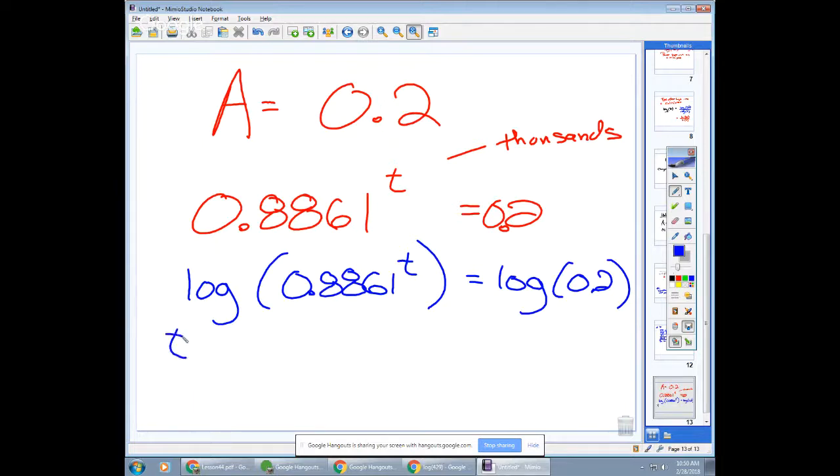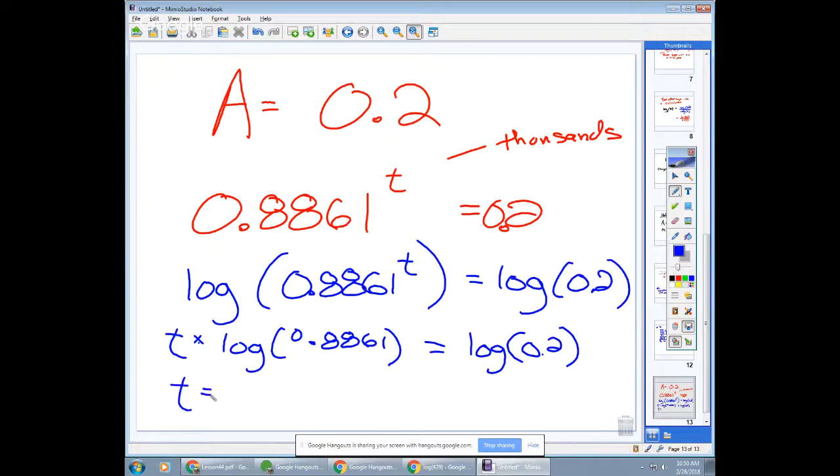So this becomes T times the log of 0.8861, and that's still equal to the log of 2/10. And then finally, I can break that multiplication by doing division. So T is going to be the log of 2/10 divided by the log of 0.8861.